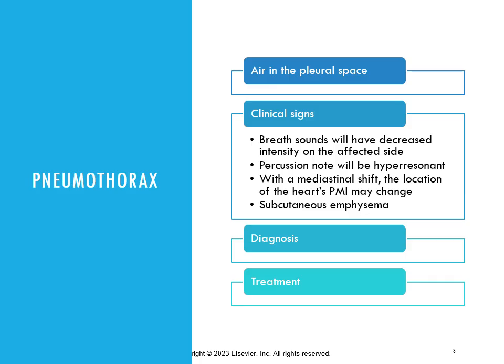Some of the causes in older kids are chronic obstructive lung disease like asthma or cystic fibrosis, bronchopulmonary dysplasia, trauma, surgery. Trauma is pretty common in teens.